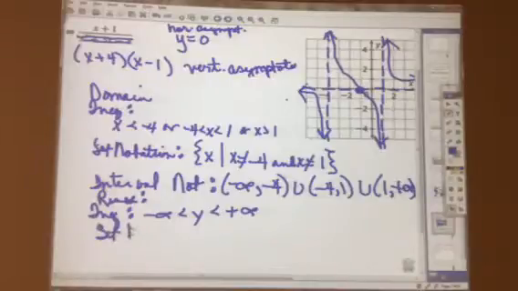How would I write it in set notation? Y such that y is all real numbers.